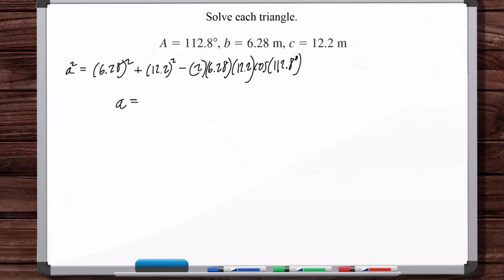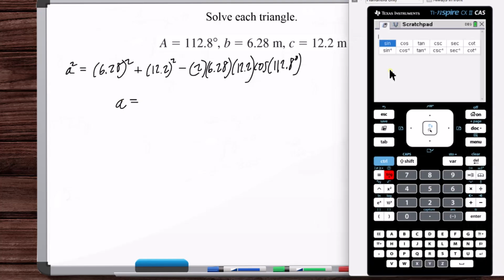So, cosine of 112.8. Minus this. Okay, take the square root. 15.74 meters.